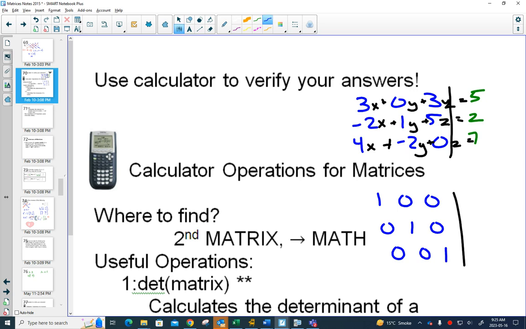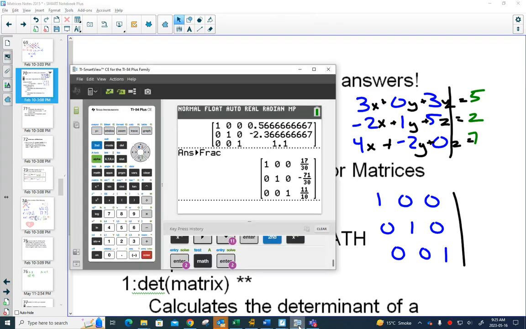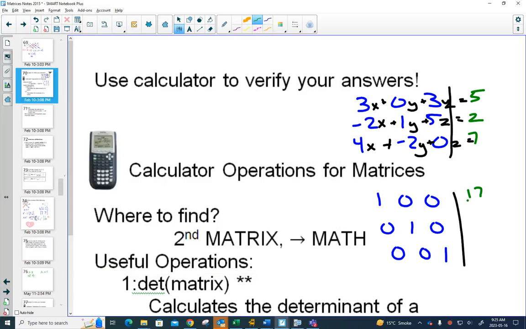And then my green numbers weren't pretty. Oh my goodness. 17 over 30, negative... Can't even remember them all at once. And 11 over 10. Hey. x plus y plus z.